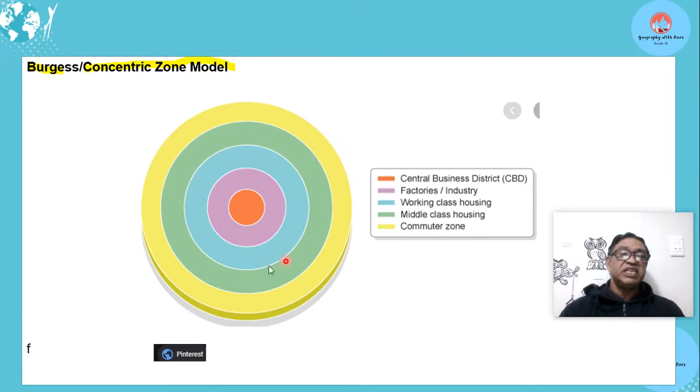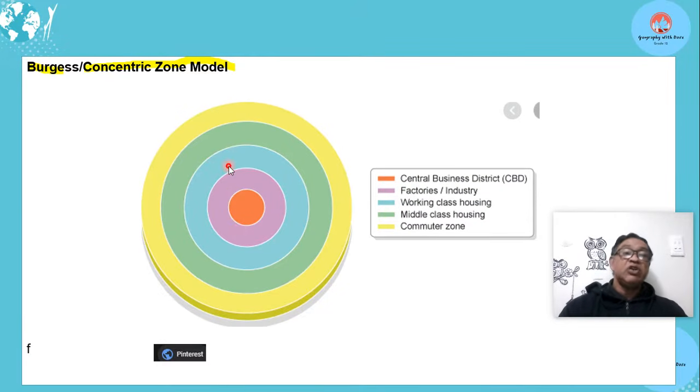He said that the CBD was in the center, followed by factories, industries, and he also indicated that this was a zone of transition, a zone of change, because the CBD will come into it. A valid point.